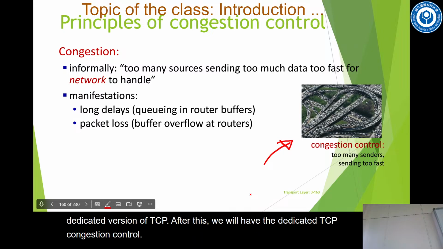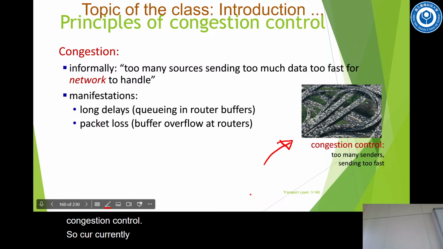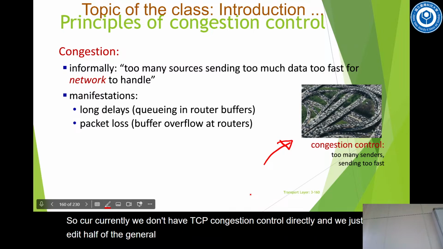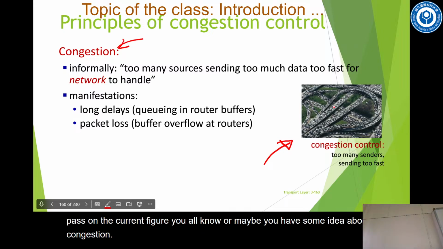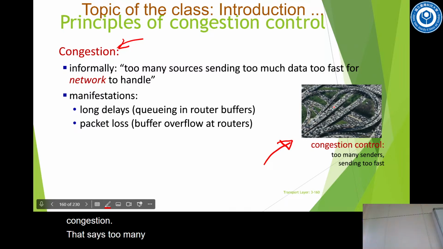So currently we don't have TCP congestion control directly, just the general principles. Based on the current figure, you may have some idea about congestion. That is, too many sources sending too much data too fast, so that the receiver cannot handle it properly.